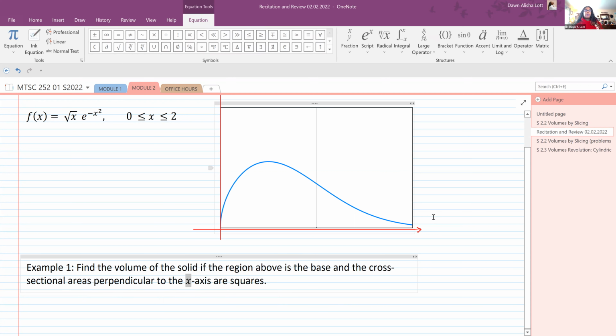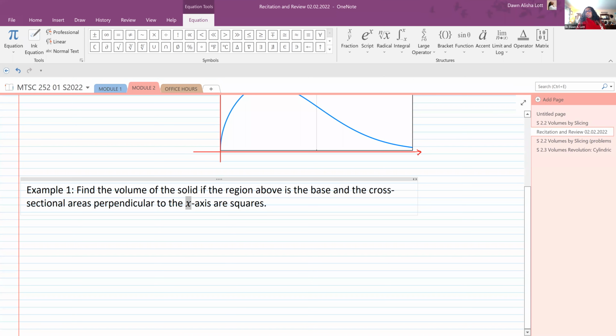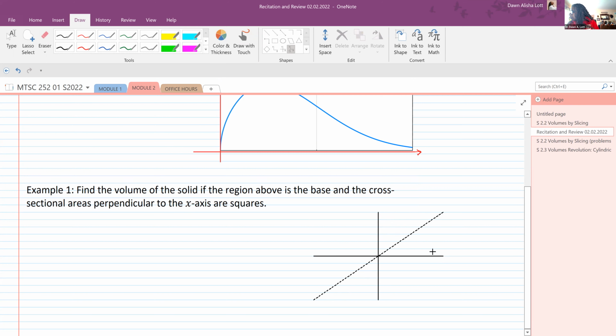So the question is, how do we do this? If I were to draw this, it's kind of hard to draw because it's a cute little function there. But if I were to draw it in 3 space over here, then I have this function that looks like this.